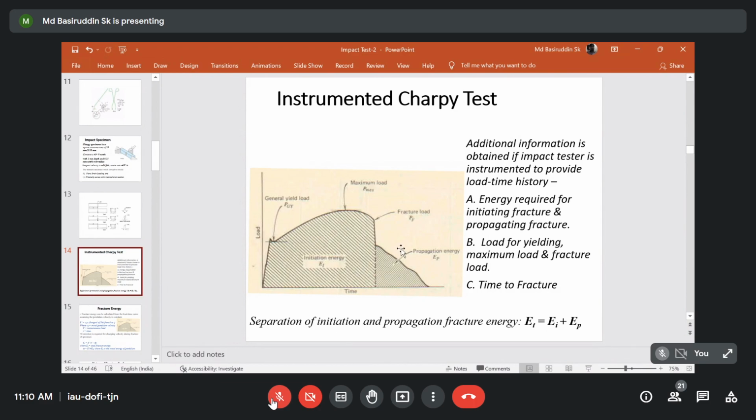So if you see this graph very carefully, you will find that the energy absorption capacity can be divided into two parts: the fracture initiation energy and the fracture propagation energy.